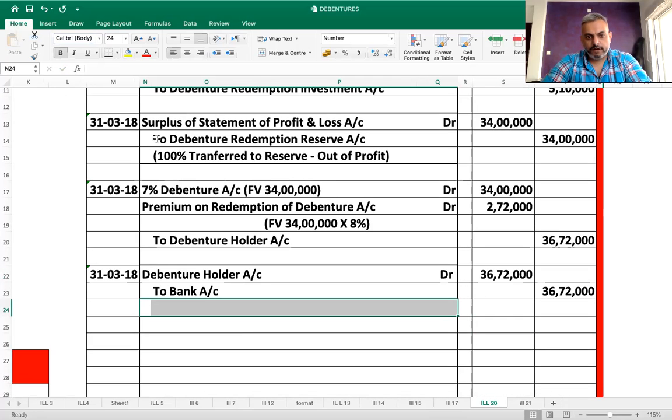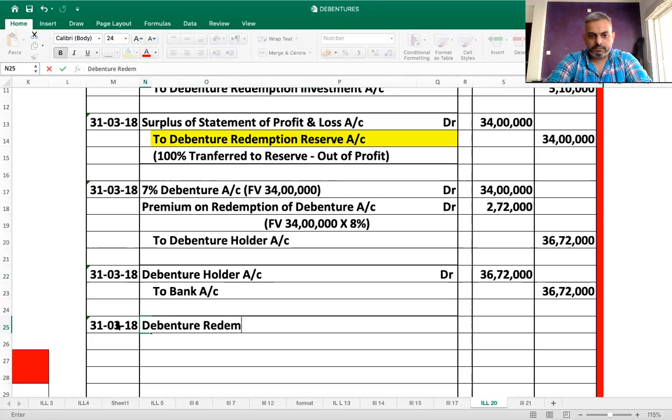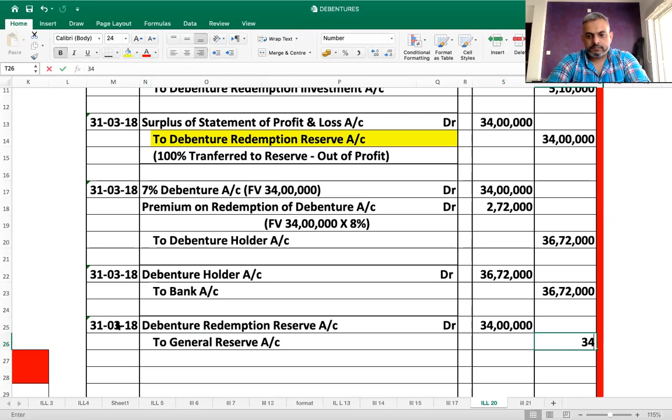Now, whatever we have in debenture redemption reserve account will be transferred to general reserve. 31/3/2018, debenture redemption reserve account, debit, 34 lakh, to general reserve account, 34 lakh.